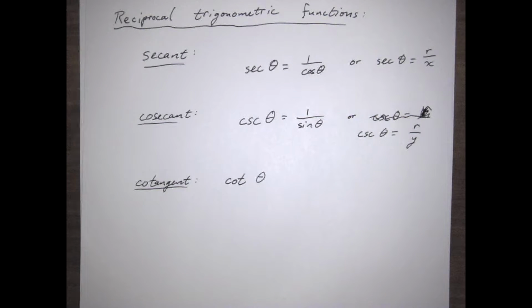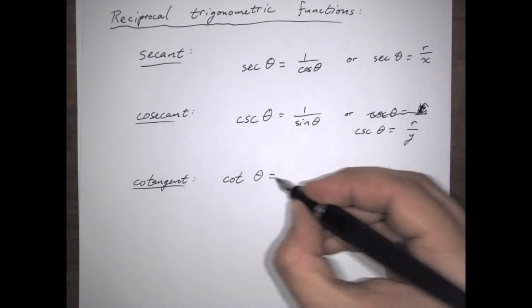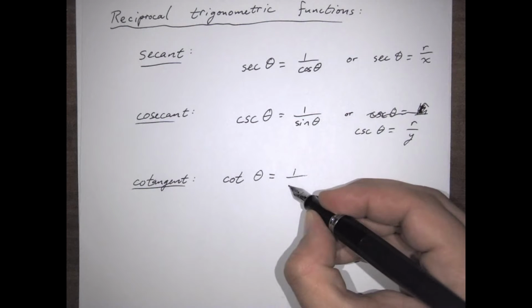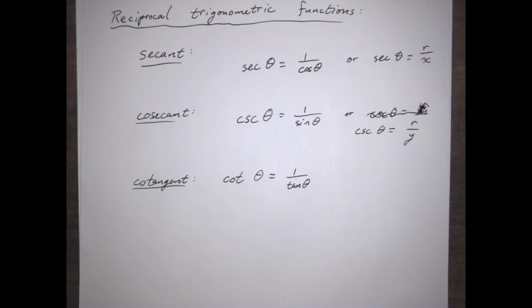Some older books or books from other countries will write it COTAN, and they'll actually write this COSEC, but we by default use the more abbreviated version here. So cotangent theta is equal to, on the one hand, 1 over tangent. So it is the reciprocal function for tangent, and it's also the complementary function for tangent.